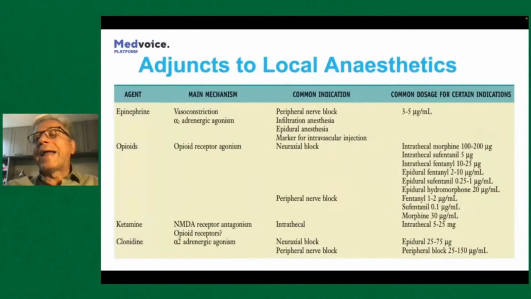Let's talk about what can we add to the local anesthetic to improve the block, basically, and usually we're talking about the duration of action. We can add some epinephrine, adrenaline, which obviously will vasoconstrict, and common indication for that is peripheral nerve blocks, infiltration anesthesia. We add it to the epidural anesthetic solutions, and the common dosage is 3 to 5 micrograms per mil, or 1 in 200,000 or 1 in 400,000.